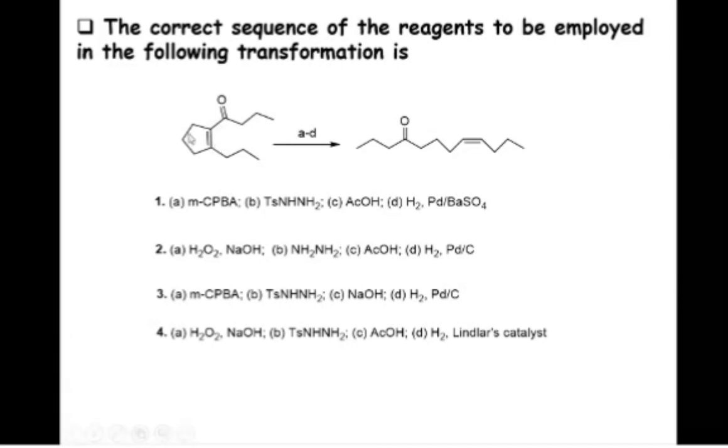Electron deficient alkenes are never epoxidized by means of metachloroperbenzoic acid, because metachloroperbenzoic acid is an electrophilic reagent, and here your alkene is a highly deficient alkene. That's why you need an electron rich epoxidation reagent. Means MCPBA never carries out epoxidation of this alpha beta unsaturated ketone.